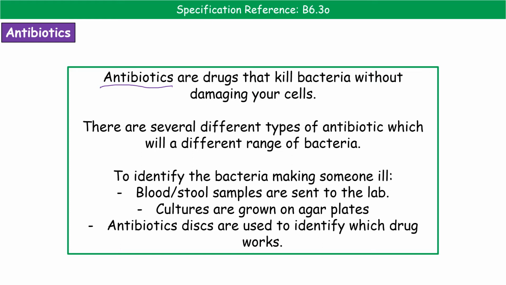In order to actually work out the type of bacteria that's making someone ill, we'd actually have to take samples, grow them on agar plates, and then we would use these little antibiotic discs on an agar plate to work out which drug is best. This isn't what we do normally. If you're ill and the doctor thinks it's a bacterial infection, then they will just prescribe you an antibiotic that should work. They're not going to take samples in most cases. We only do that if there's a particular issue.